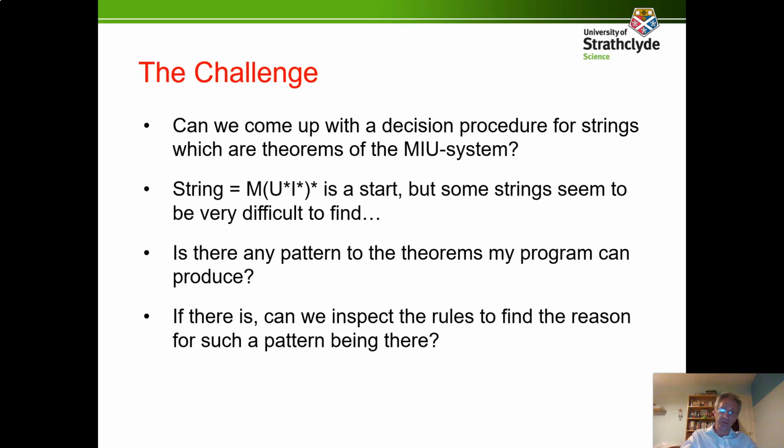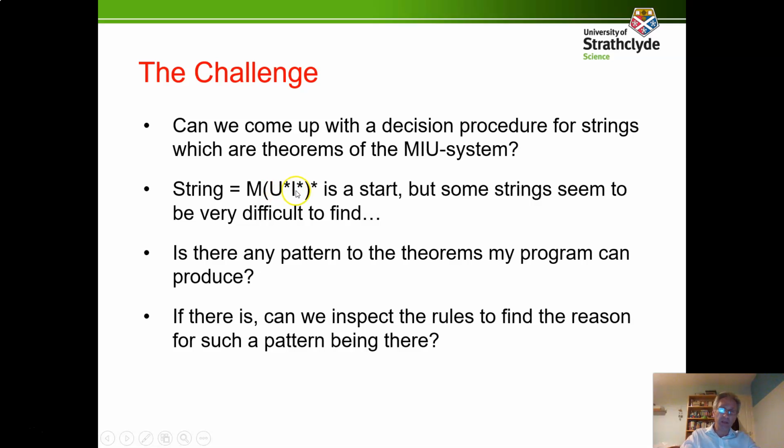So the overall challenge of the MIU problem, and I don't expect you to immediately get this because it's quite tricky, what I'd like you to do is to understand what we're trying to do. Can we come up with an algorithm? So this is like a mini challenge for us. Can we come up with an algorithm for strings which are theorems of MIU? Just trying to see if the string starts with an M and then consists of U's and I's, that's quite good.